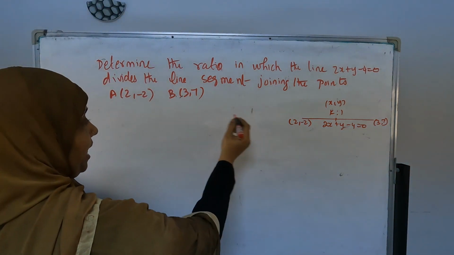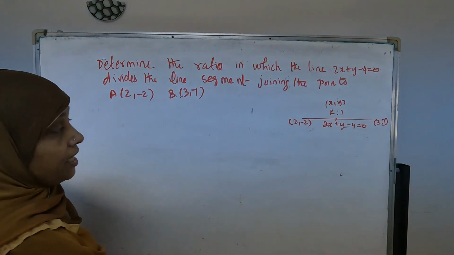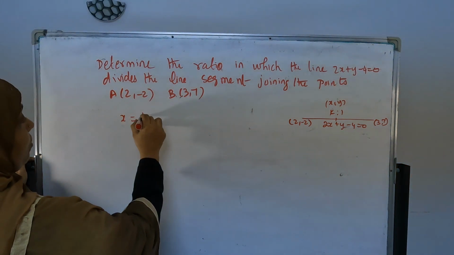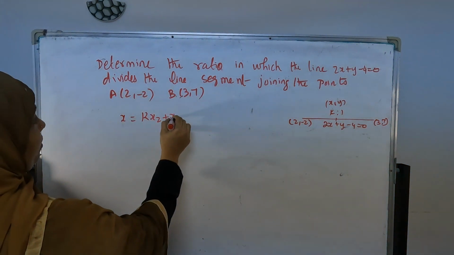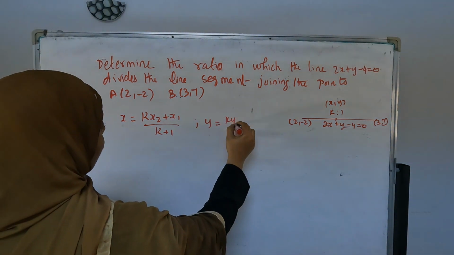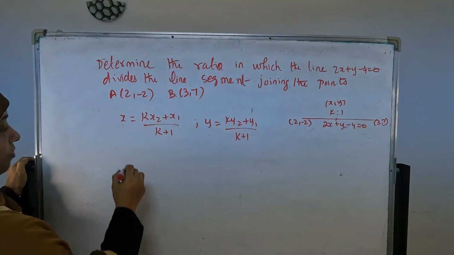Now we will find the x and y coordinates for k is to 1 using the ratio formula. The ratio formula is x is equal to (kx2 plus x1) by (k plus 1) and y is equal to (ky2 plus y1) by (k plus 1). X and y we don't know.